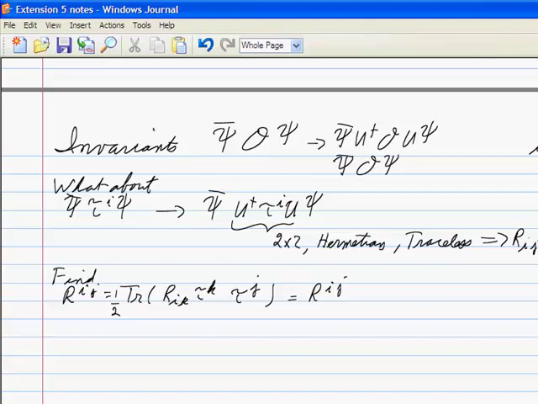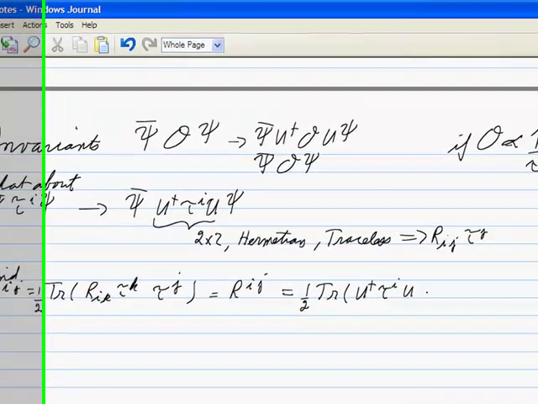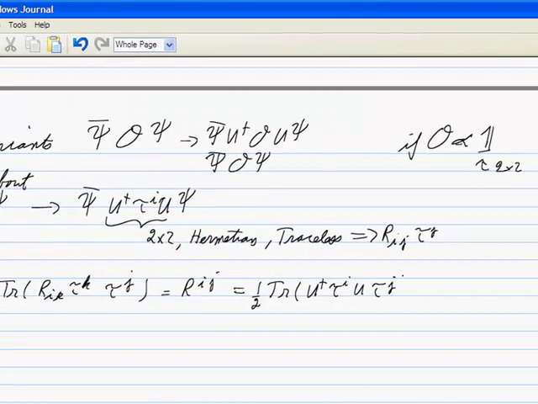So this tells me I can pick out R ij by taking 1/2 trace of u dagger tau i u tau j. That's R ij.